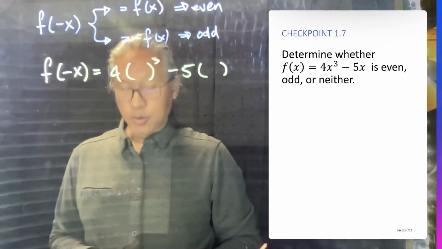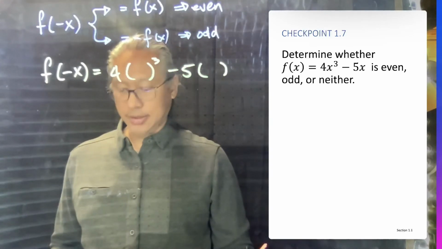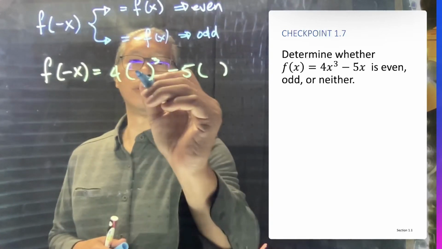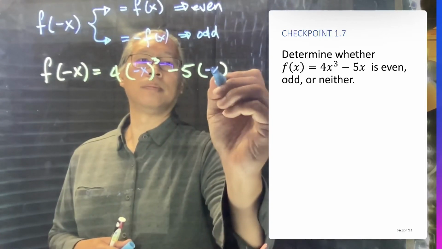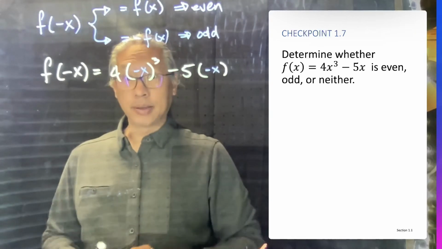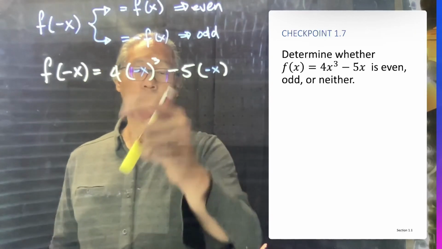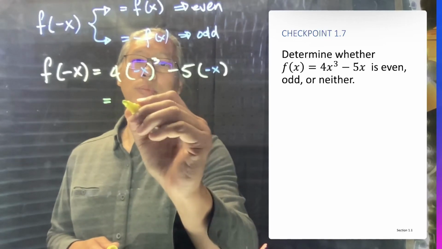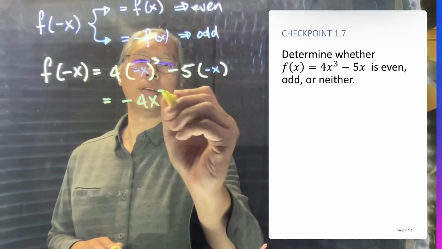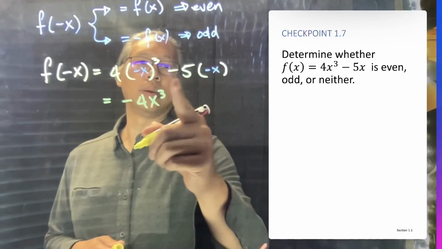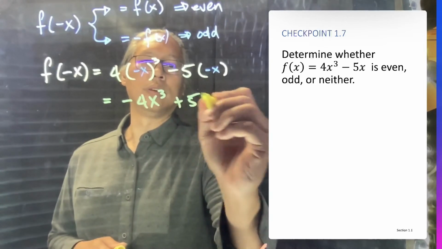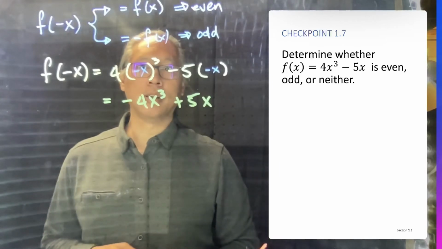So again, we're going to put the negative x into these slots, and we'll see what happens. So we get something to the third power, it'll stay negative, and so this would be negative 4x cubed, and this would become negative times a negative, which is a positive 5x, so that's simplified.